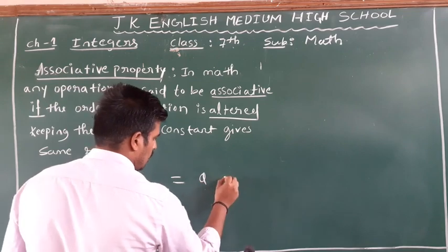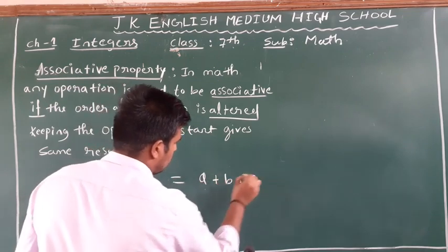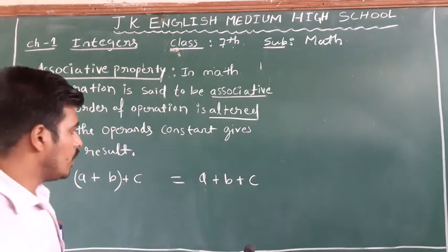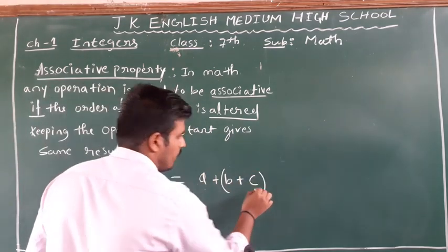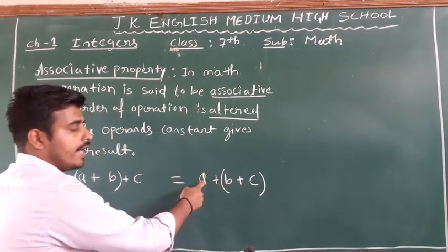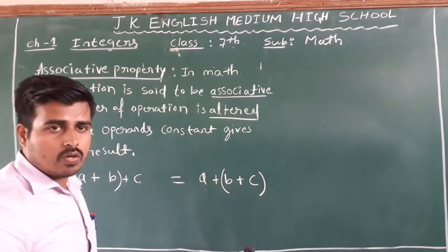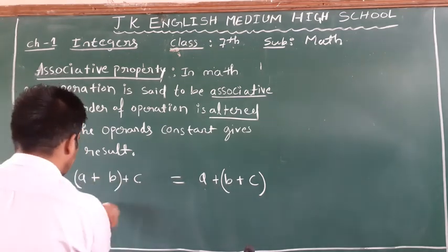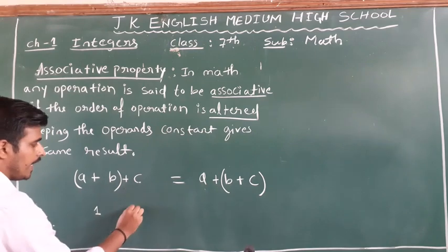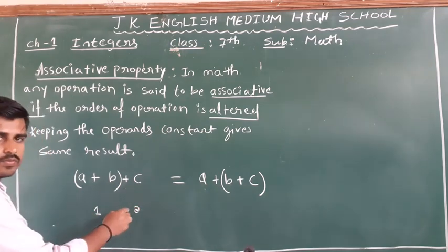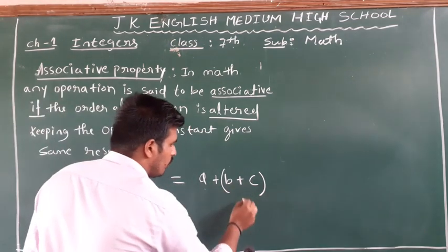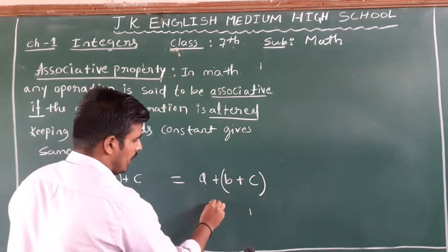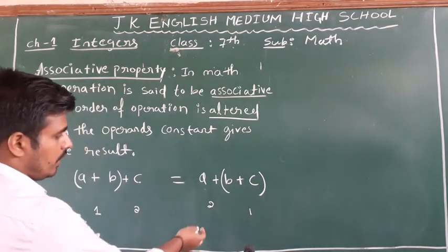Same A plus B plus C, same operands are there, same operation is there, but here you are adding B plus C first, and to that answer you are adding A. So you changed the order now. A plus B first, then C is one order, but B plus C first and then A is the other order. So here is 1 2, here order is 2 1.